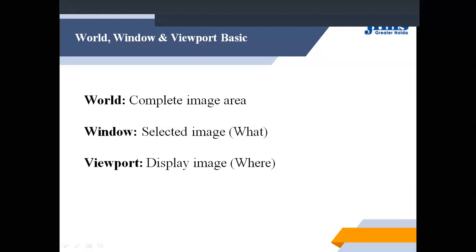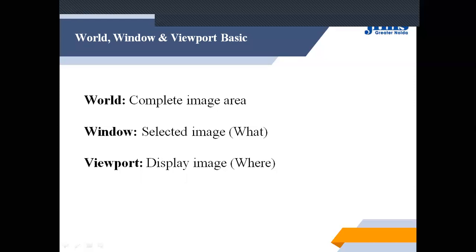The world image is the complete picture that we are seeing. The window image is only whatever we want to see. And viewport means the dimensions of the display where we want to see that object or image.